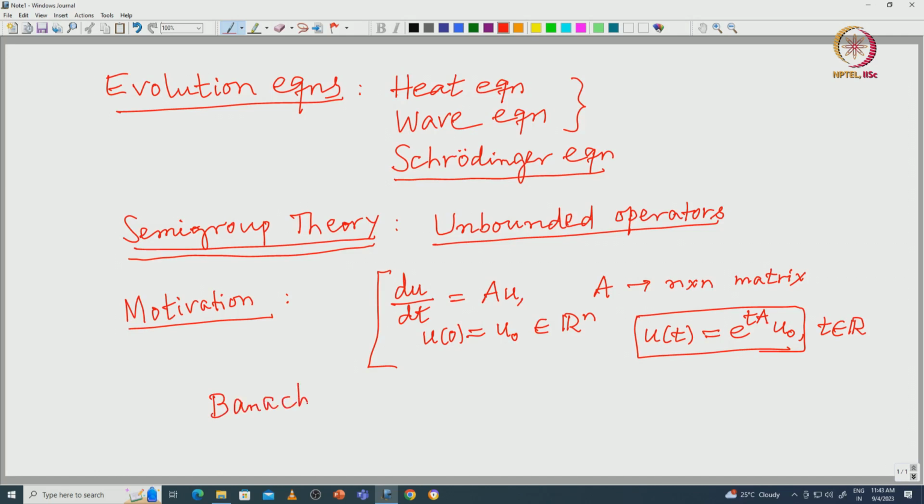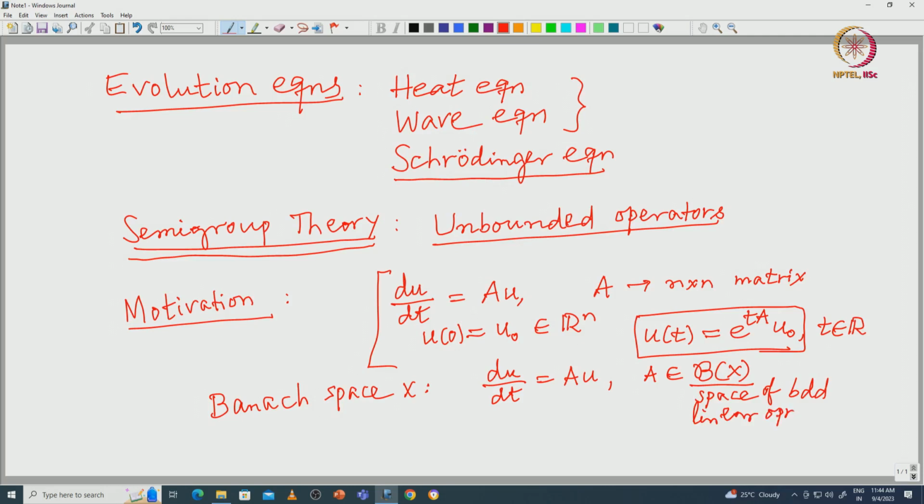So again an abstract Cauchy problem, Banach space X. Again you consider this ODE, now A is a bounded linear operator, in the space of bounded linear operators from X to X. So that is my notation, which we will be using again.